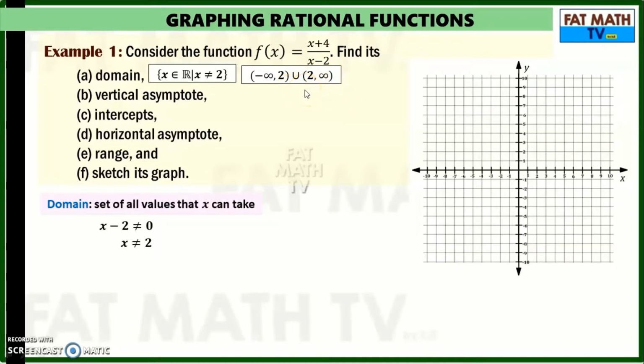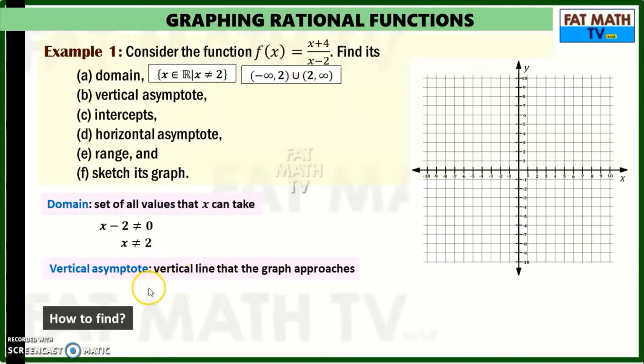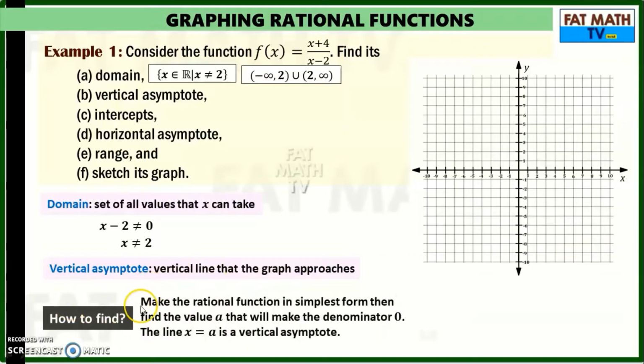How about the vertical asymptote? For the vertical asymptote, that is the vertical line that the graph approaches. Okay, so how do you find that? So make the rational function in simplest form, then find the value of a that will make the denominator 0. So the line x equals a is the vertical asymptote.